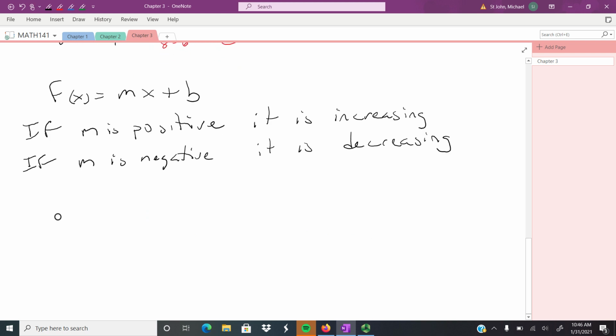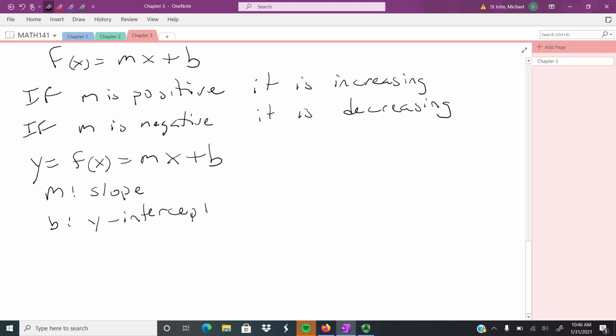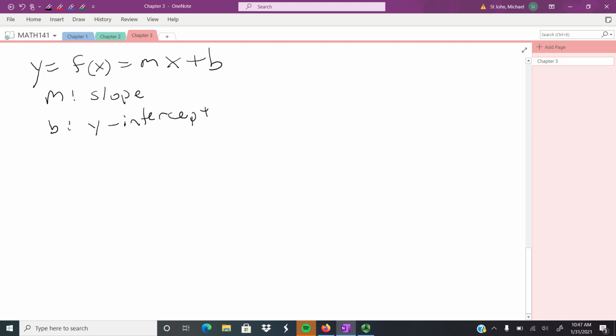So, given our equation, y equals f of x equals mx plus b, m tells you the slope of the line. b tells you where the y-intercept is, so where it crosses the y-axis.